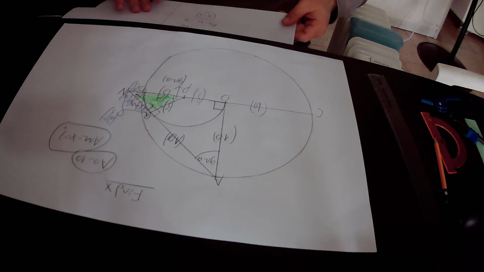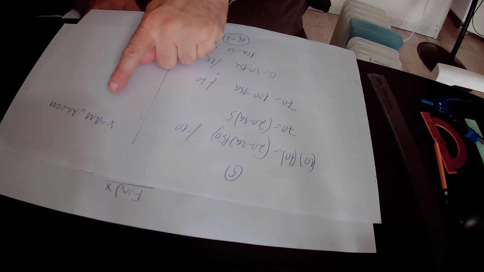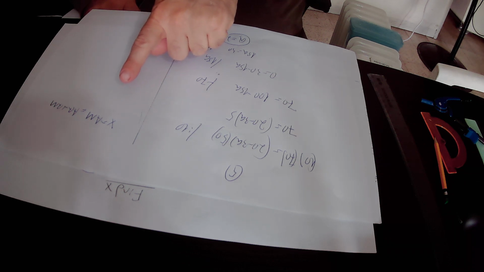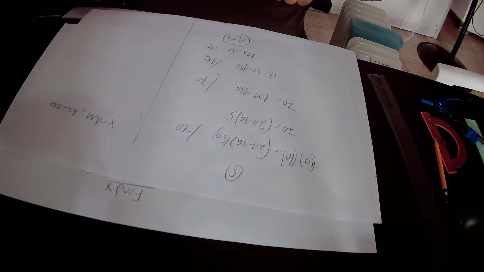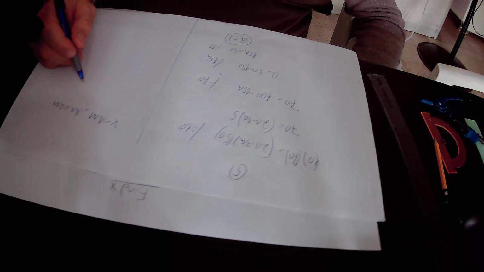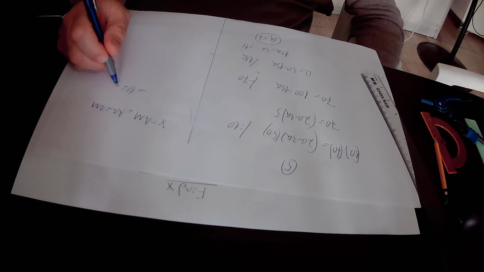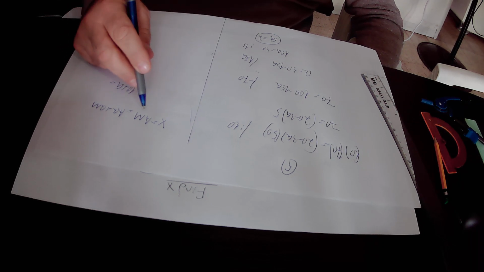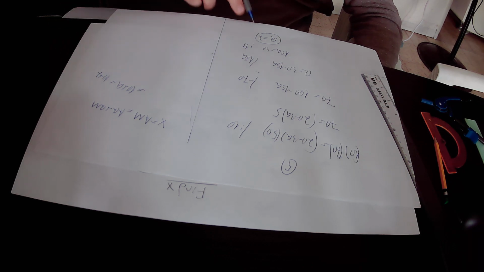Repeat again. According to what is given in the question, x equals AM. And from the drawing it is very easy to see that AM equals AQ plus QM. That is to say, this equals AQ, that is 10, plus QM, that is A. So x equals AM equals 10 plus A. So x equals 10 plus A, and A is 2.